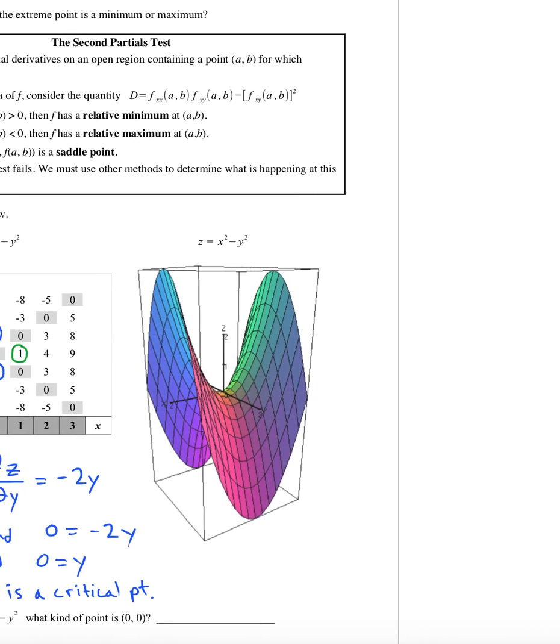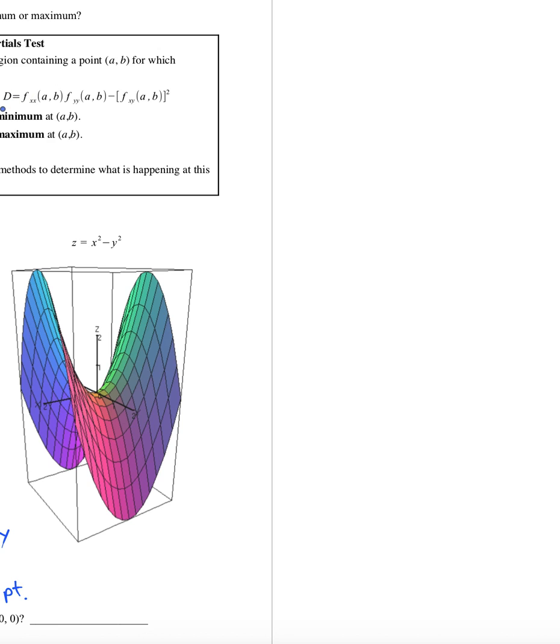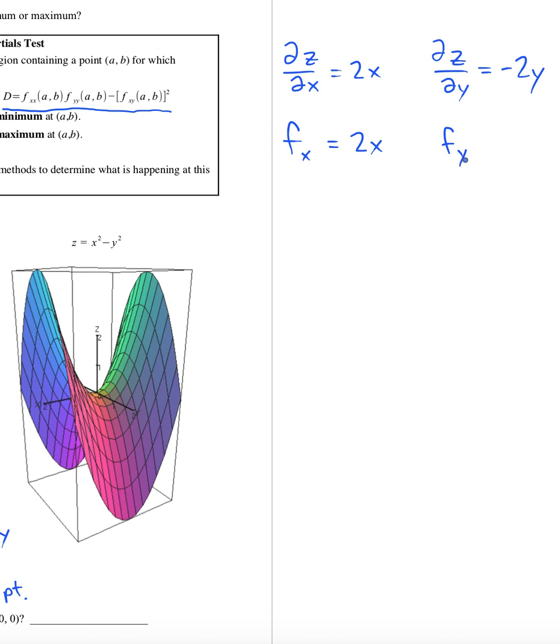Alright, to do that I'll move over. The formula we're going to need is this one right here. Now we had this so far. Just to use the other notation here, I'll do fx equals 2x and fy equals negative 2y.